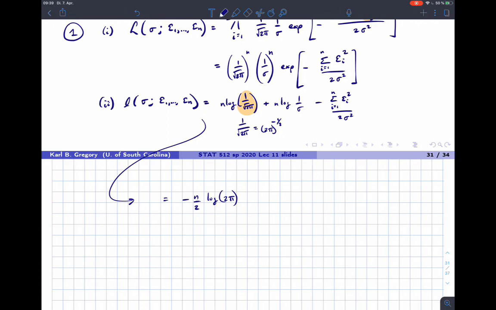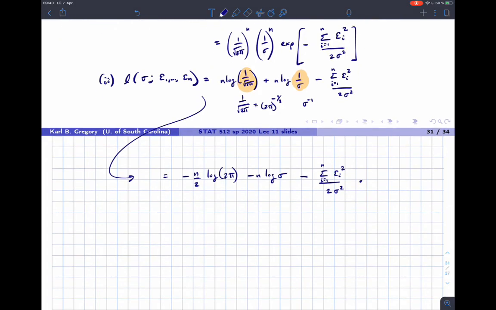It just looks better to me. And then this thing I'm going to write as sigma to the minus 1, and pull the minus 1 out. So I'm going to get this minus the sum of squared epsilons over 2 sigma squared. Okay, there's my log likelihood.